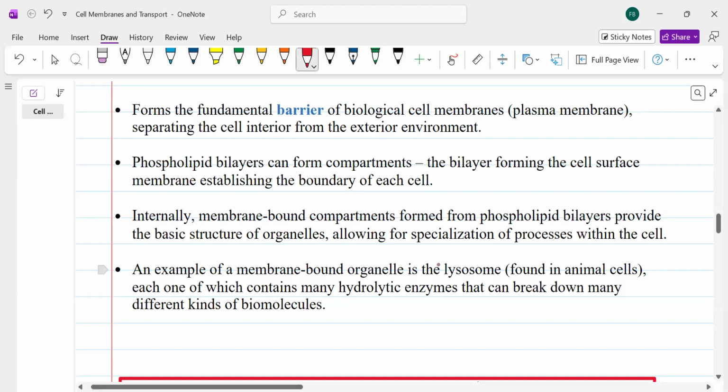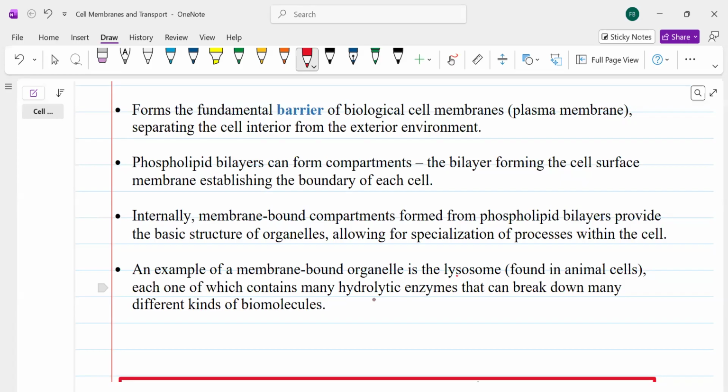Like we have discussed the function of the endoplasmic reticulum and the ribosomes. What is the function of ribosomes? Protein synthesis. So different organelles have different functions, and that is why they are specialized. Their membranes are specialized. An example of membrane-bound organelles is the lysosome, found in animal cells, each of which contains many hydrolytic enzymes.